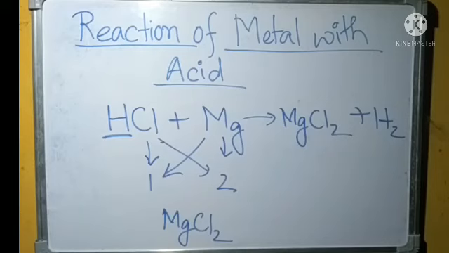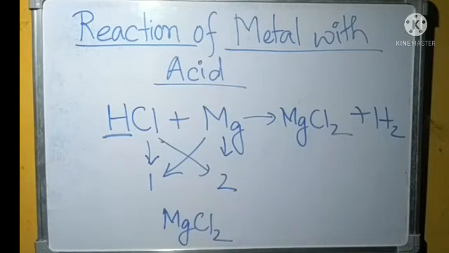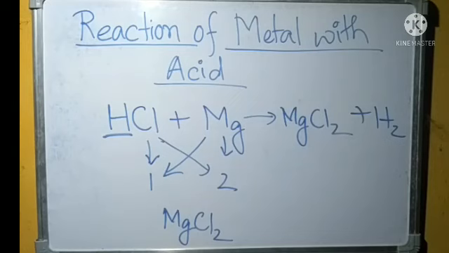The hydrogen part of the acid will make the hydrogen gas, and the remaining part of the acid will form the salt by reacting with the metal. So you can simply write the formula of the salt from the metal and the remaining portion of the acid. Regarding this, if anyone has any doubt, please ask me.